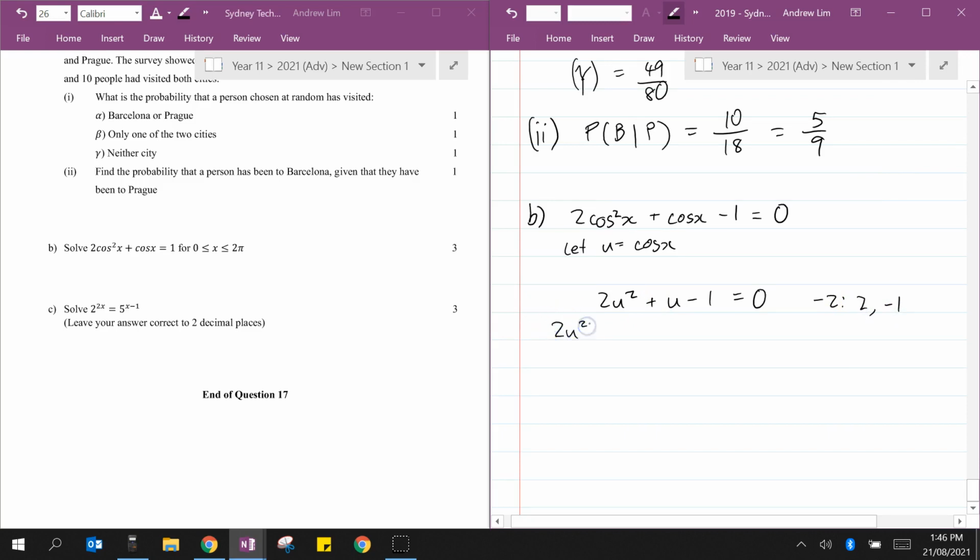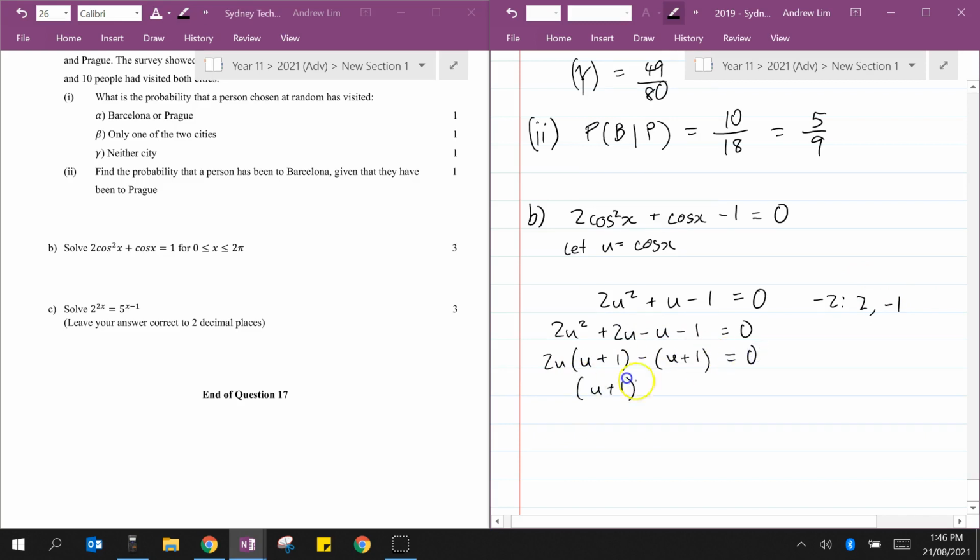So 2u squared plus 2u minus u minus 1 is equal to 0. So I just replace this plus u with plus 2u and minus 1u. I'll now group this in pairs. 2u bracket u plus 1, put a minus sign, bracket u plus 1 is equal to 0.